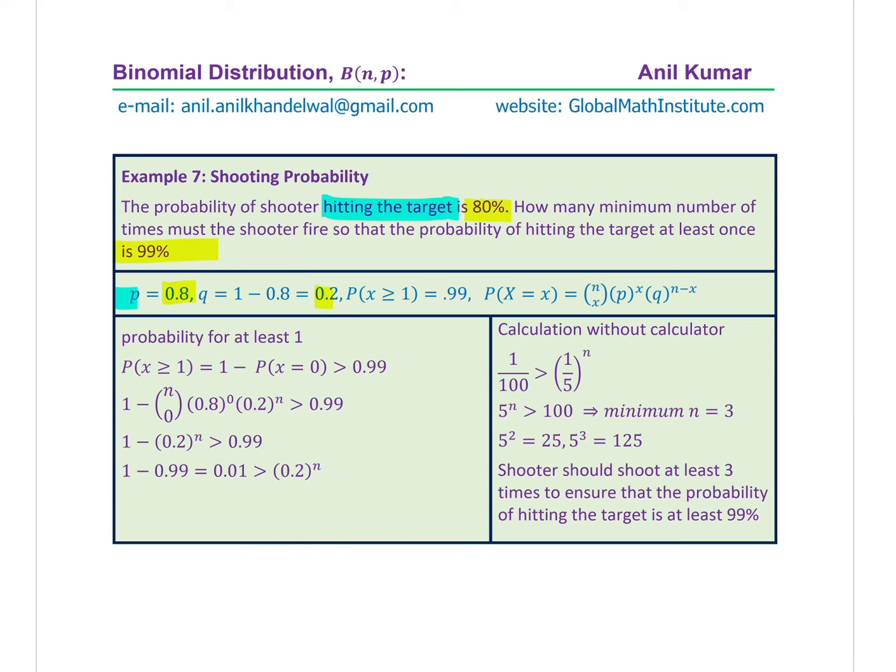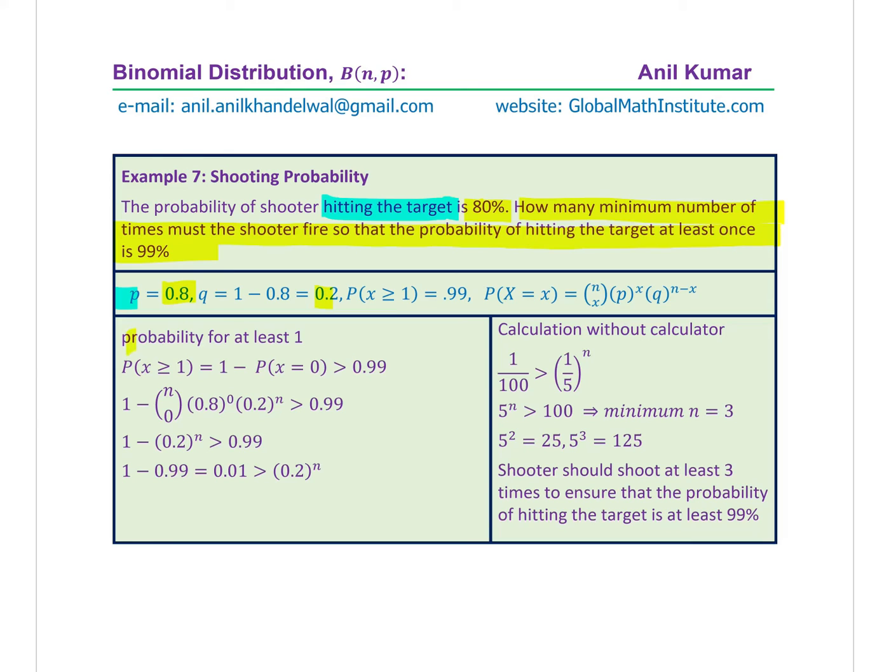The question is how many minimum number of times must the shooter fire so that the probability of hitting the target at least once is 99%. So that is how many times should you fire in succession so that it hits the target at least once, right? That is what it is.